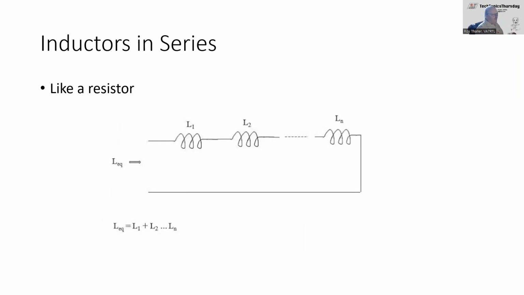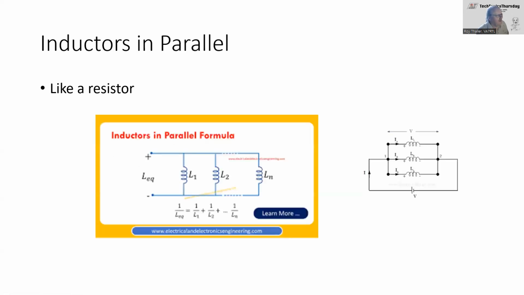So if you put inductors in series, it's like a resistor. You just add up. To find your inductance, you just add L1 to L2 together, and that gives you your value. And inductors in parallel is the same as a resistor.